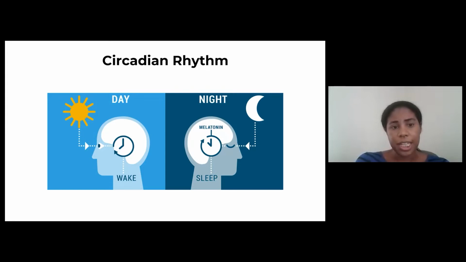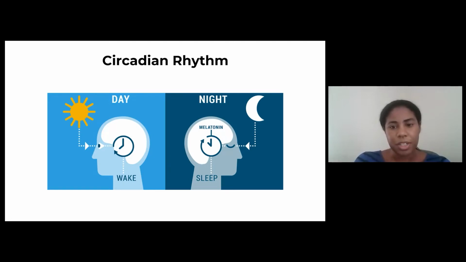Light is the strongest influencing factor on our circadian rhythms. Through our eyes, we have intrinsically photosensitive retinal ganglion cells, which are sensitive to blue light especially. But that's ultimately how light is influencing the circadian rhythms.